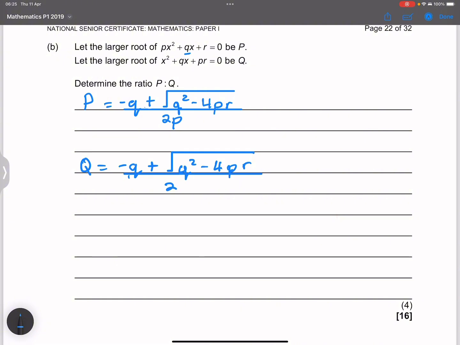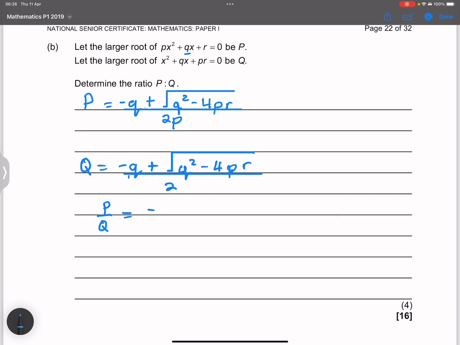All right, now they want the ratio. So remember, how we can also do the ratio is that we can say p divided by q. I can see it's already going to cancel, right?